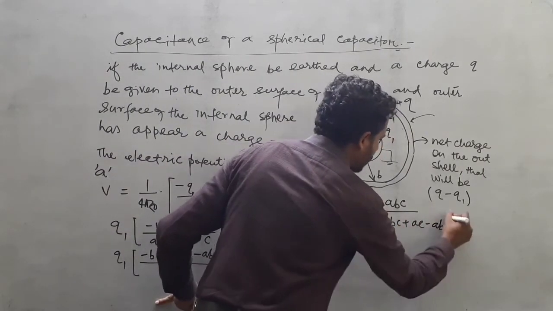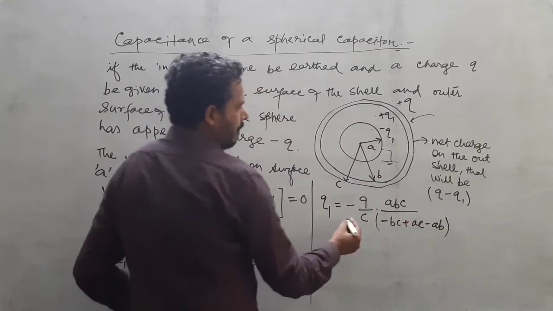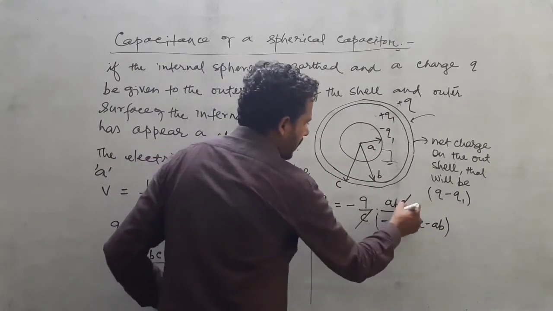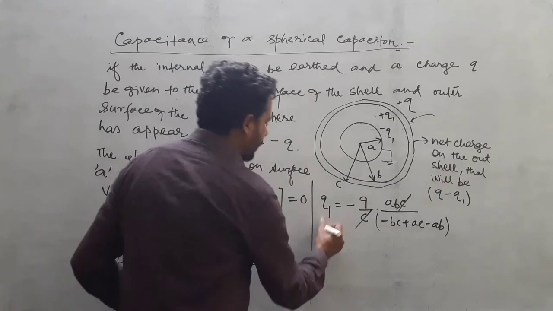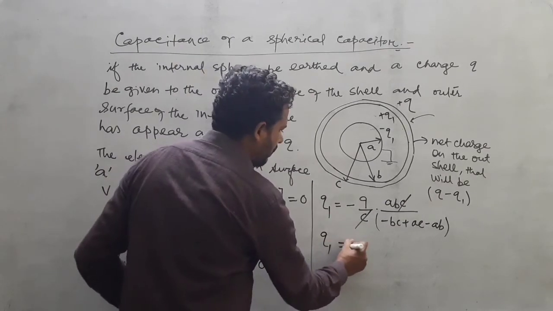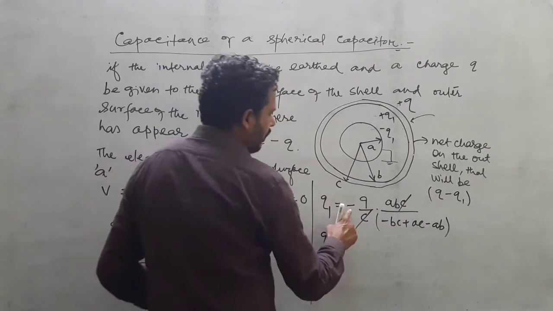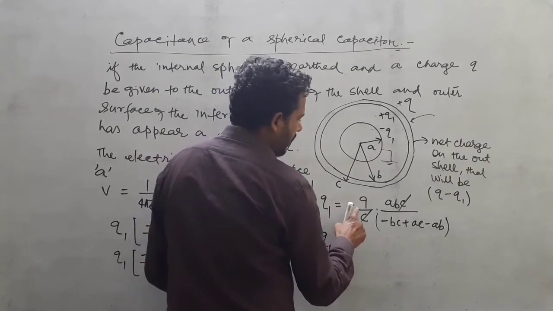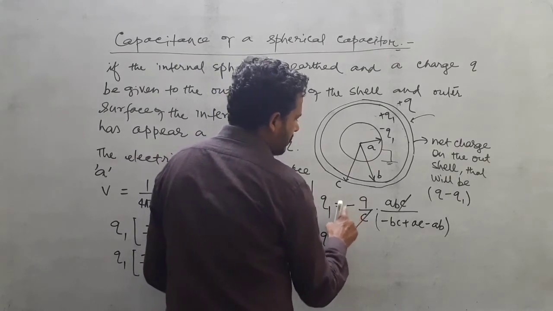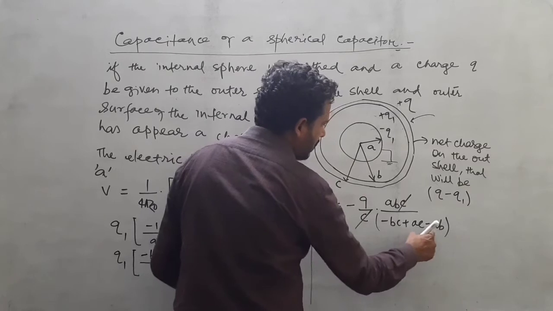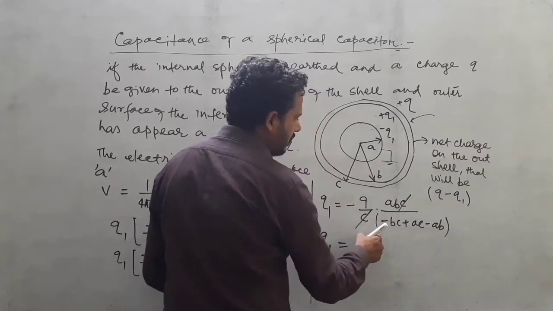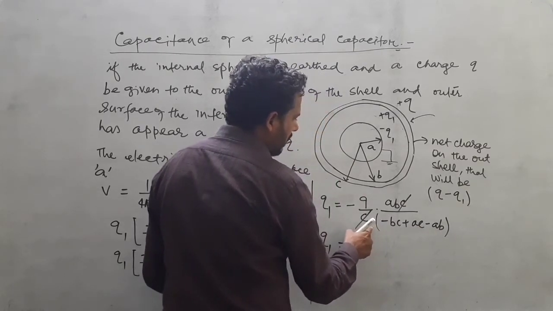So from here you see that C and C will be cancelled, and then your resultant Q1 will be, you can multiply by this minus, otherwise you can just take minus outside as a common. So minus and minus will be cancelled.